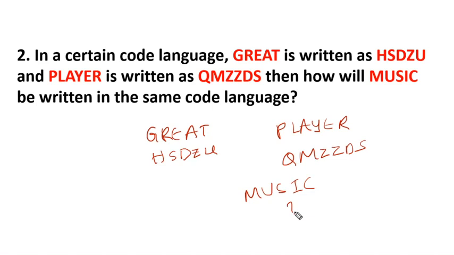Generally, if 2 different words are given, first check for the common element, a common letter present in the given question as well as the asked question. If you see G, you cannot find G. R, no. E, no. S, no. E you can find here.